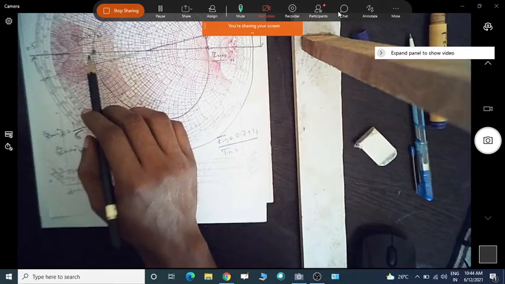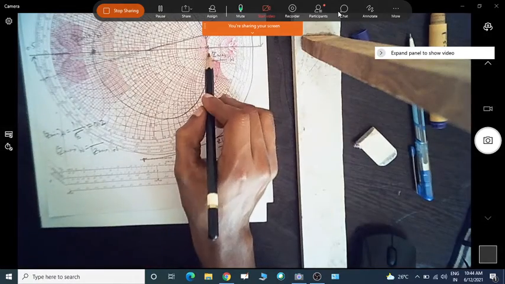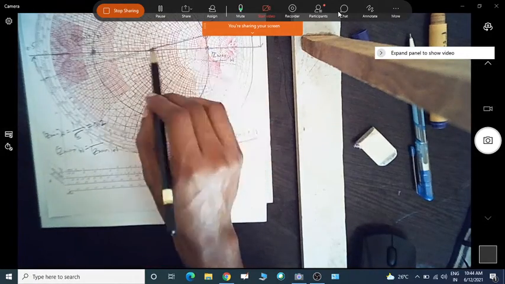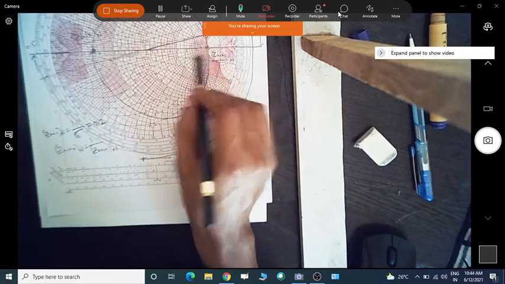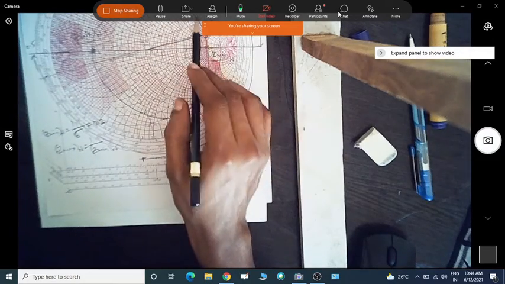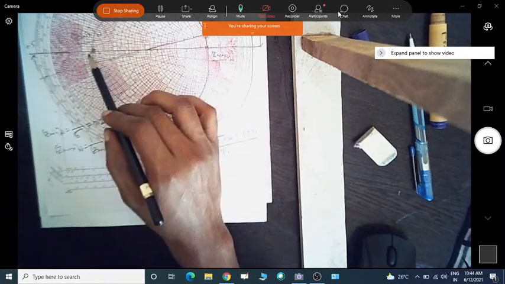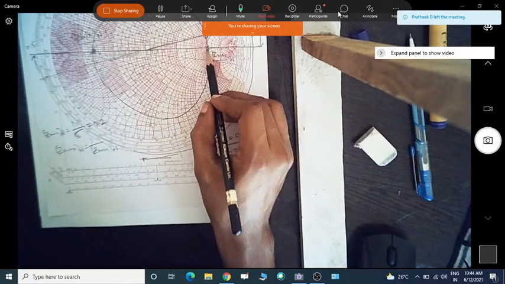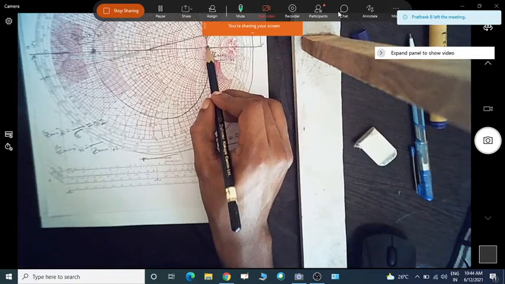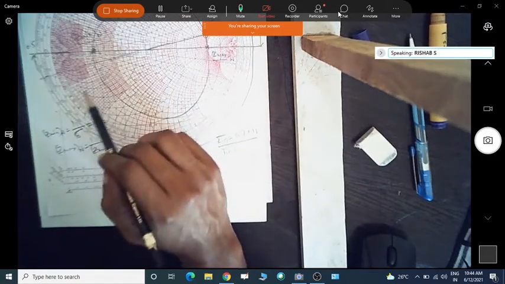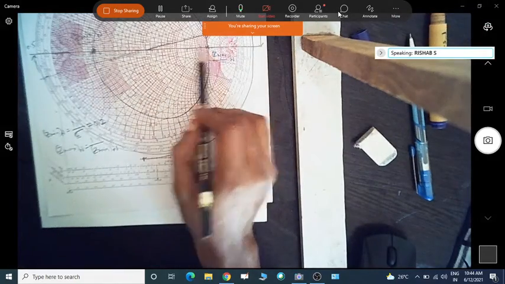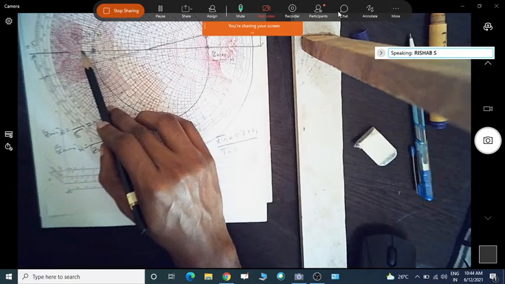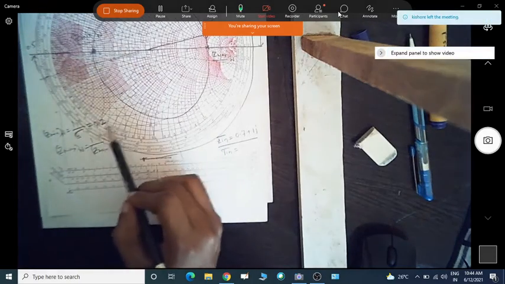Okay, so maybe here, if the radius whatever you are taking has slight variations, then it will give some slight variation in this point also. If it is giving 5 here, then it should exactly meet at 0.2 here, because 1 over 5 is 0.2.